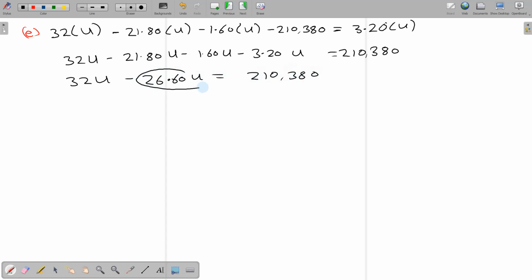This is just all of these bundled together. And then we have €5.40U.